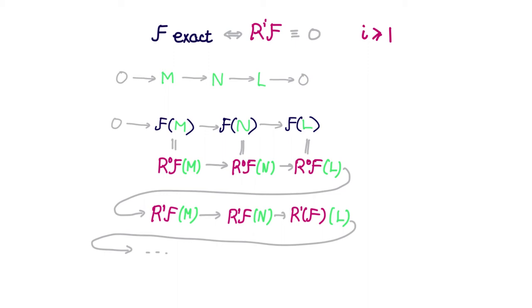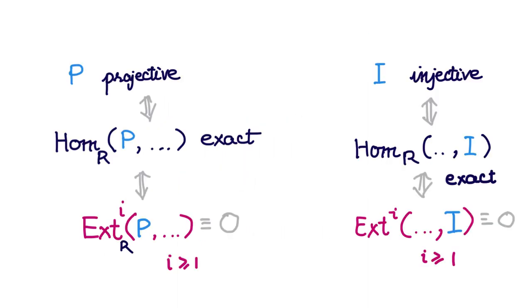Now coming back, recall that by definition, P is projective if we can always lift morphisms from P. In other words, if and only if this functor preserves surjectivity, i.e. if and only if it's right exact, and thus exact because it's already left exact. By the previous discussion, we see that this means that its right-derived functor must be trivial in all positive degree.